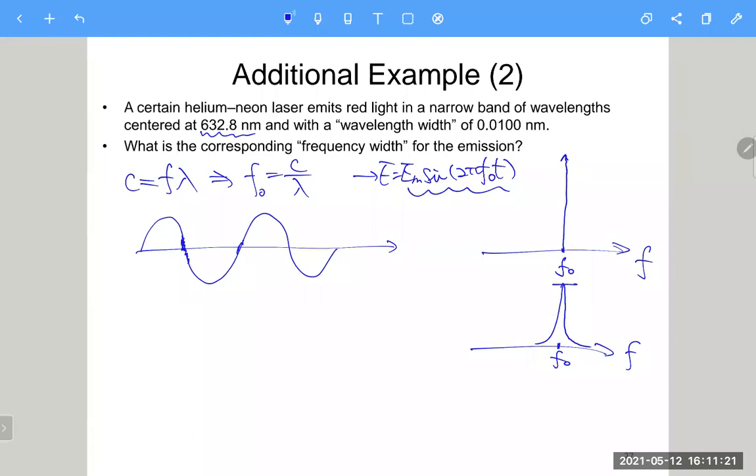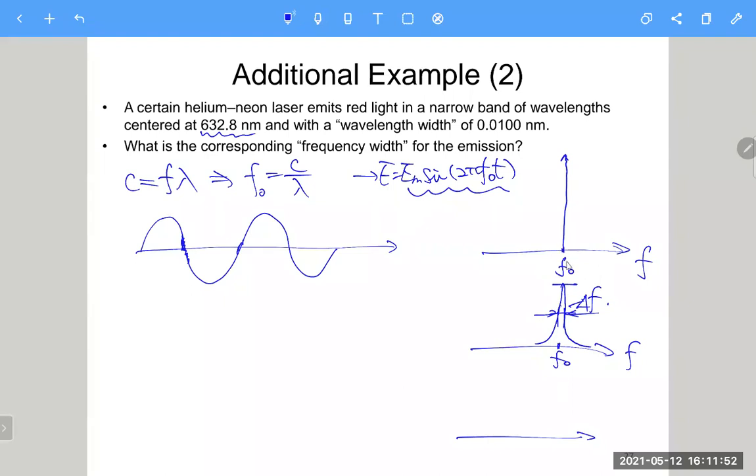If we consider half of this peak and take the width here, it is called the wavelength width. Or if we plot it here, this should be the frequency width, something like delta f here.